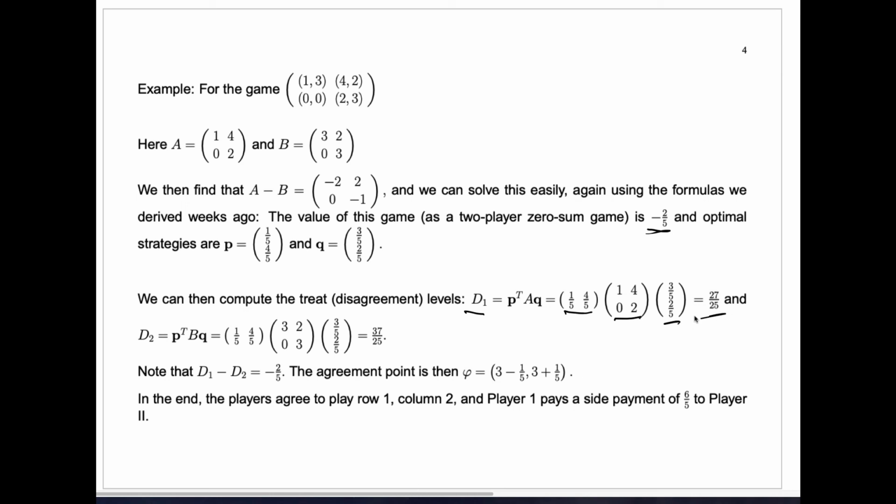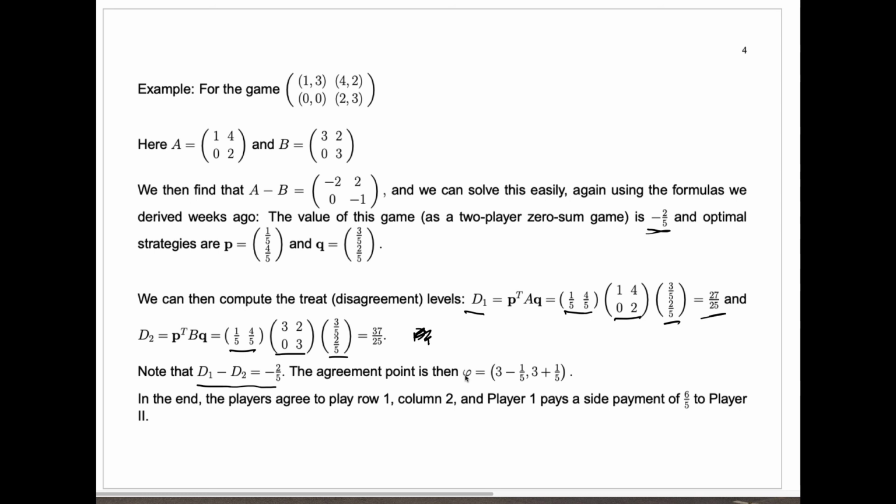And you get the number 27/25. And the threat level for player 2, D2, is just P transpose BQ, which you can easily write down. Here's the matrix B and here's P transpose and Q, and you get 37/25. Notice here that D1 minus D2 is exactly -2/5. That was the value of this game, A minus B.